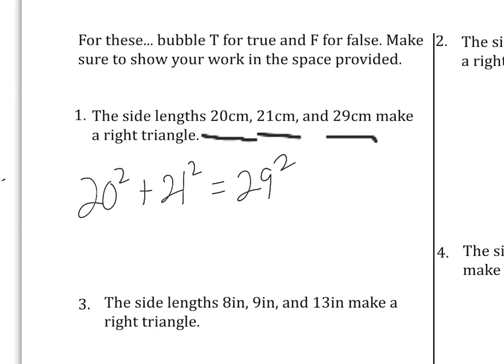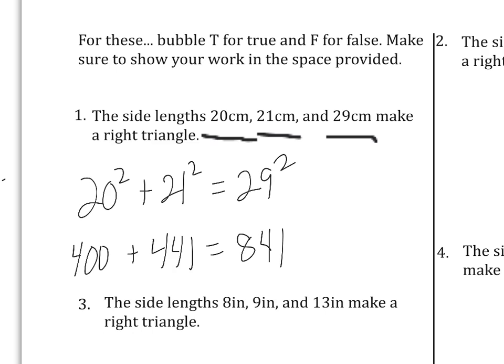20 squared is 400 plus 21 squared gives me 441 equals 29 squared, which is 841.